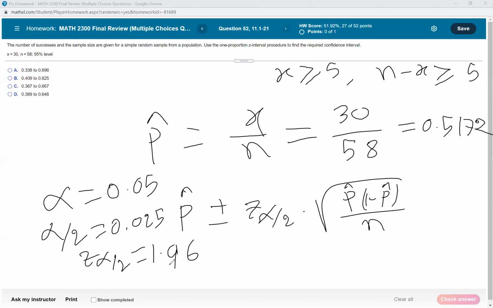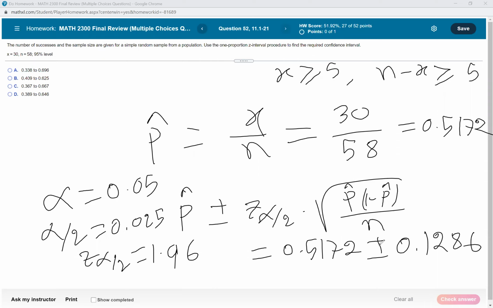So you have p hat, 0.5172, and 1 minus 0.5172, times 0.5172, divided by 58, and then times 1.96. If you simplify this, you will get 0.5172 plus or minus 0.1286.